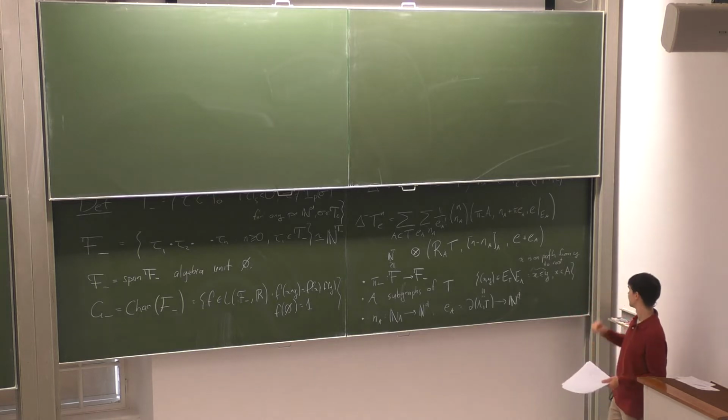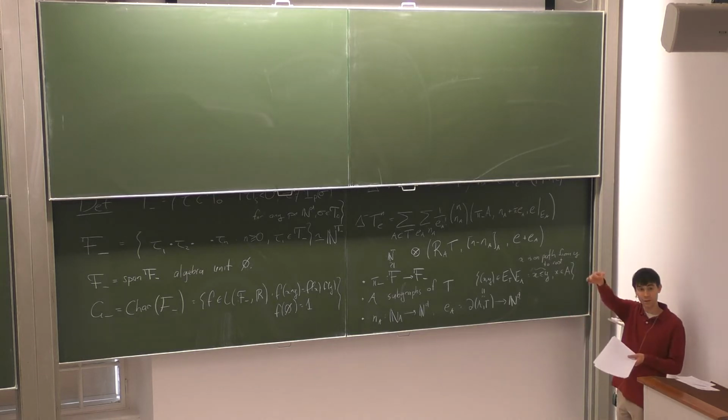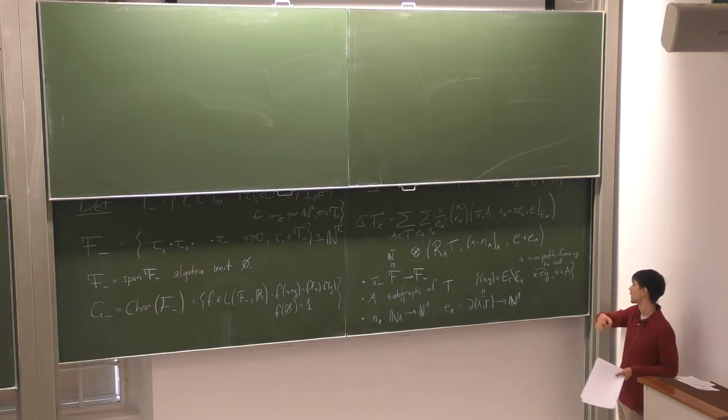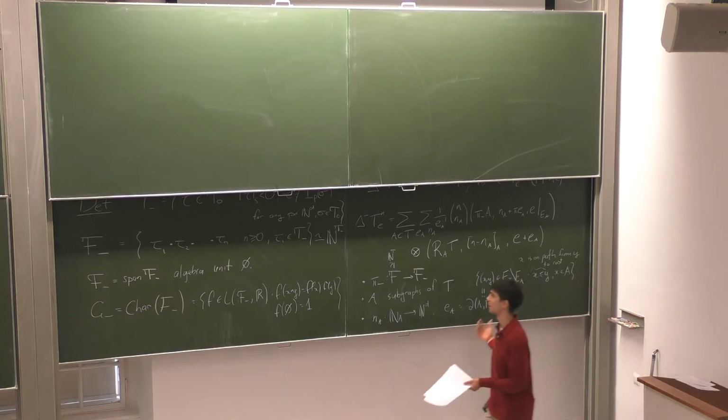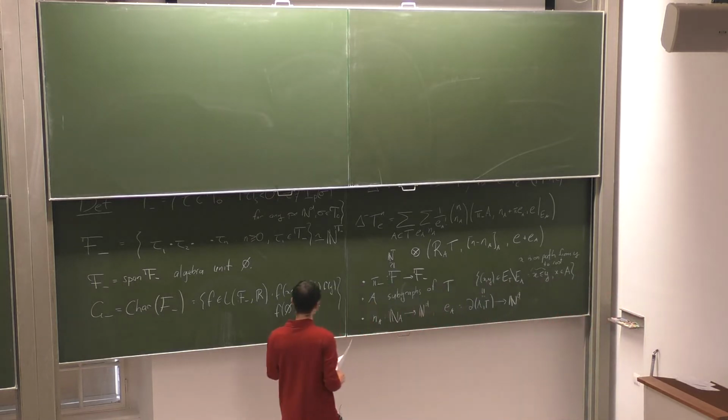In every tree, every node has a unique path that goes to the root. And if x happens to be on the unique path from y to the root, then I say x is smaller than or equal to y. So this gives a partial ordering on the set of nodes in a tree.